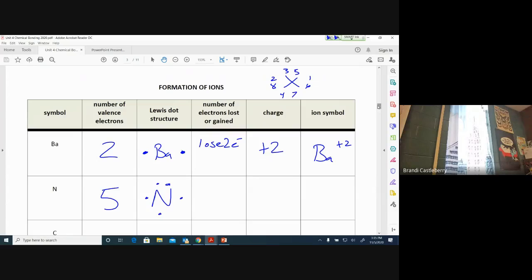Which one is a smaller number? It'd be gain 3. Gaining 3 is a smaller number. Gaining 3 electrons. Now if I gain 3 negative things, then I have a -3 charge. When you write its symbol, it's just its symbol with the charge at the top.